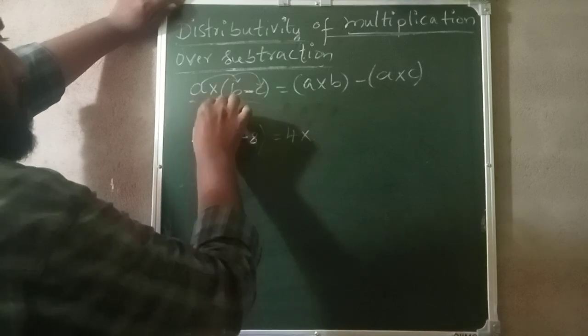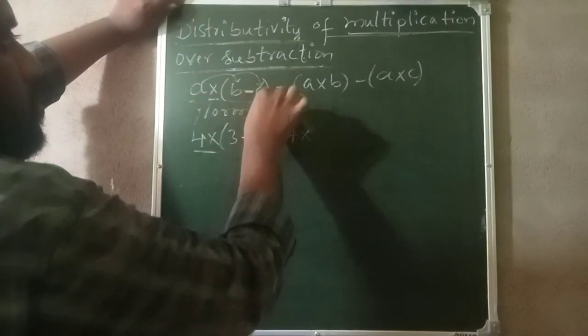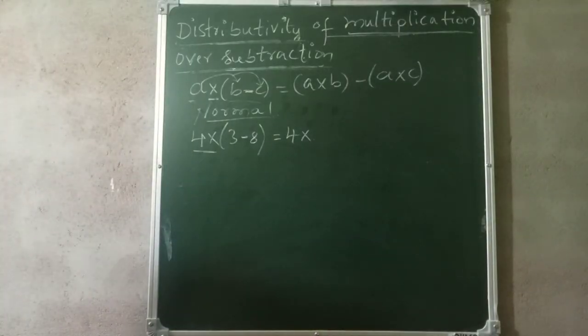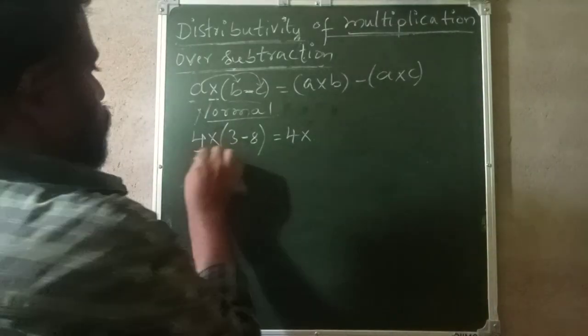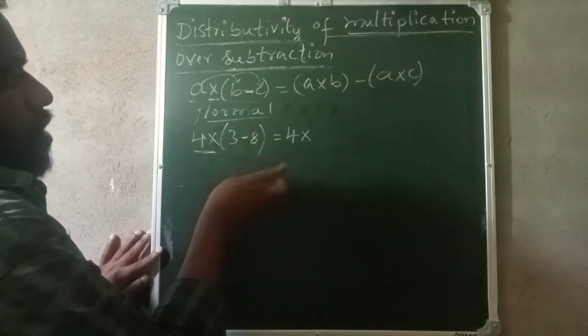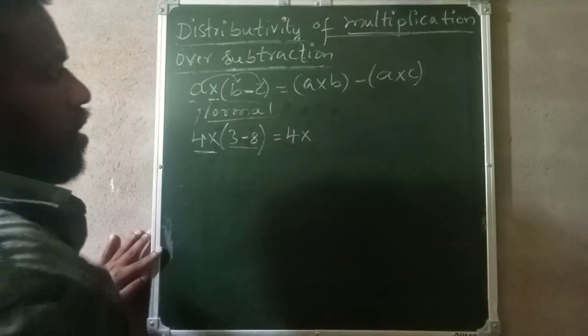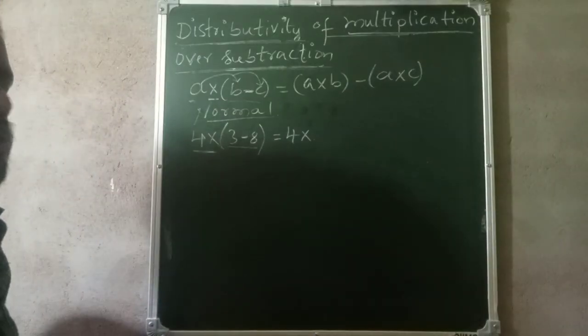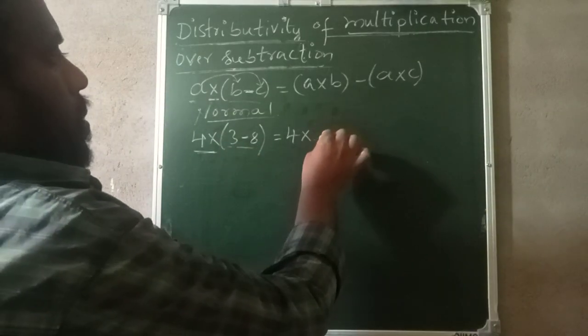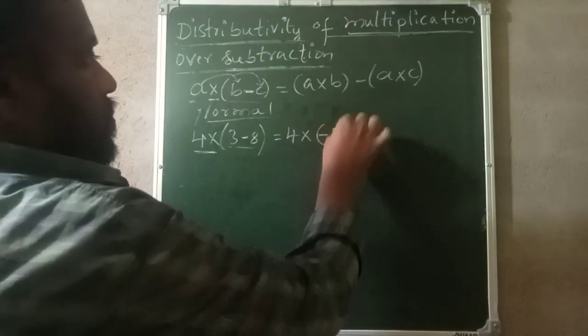I will write here normal. Okay. So, this 4 into I have written here. Next, inside this bracket, whatever we have to simplify, that. So 3 minus 8 is minus 5.